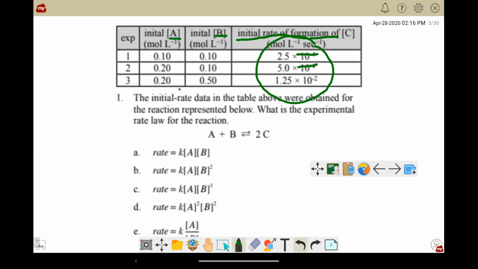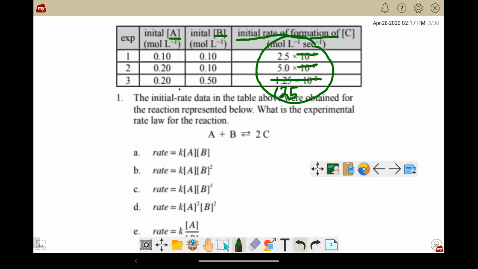And then I'm going to be able to say, well, if the 5 was times 10 to the negative 4th, the 1.25 being times 10 to the negative 2nd, that's 2 powers of 10 bigger. So really, I'm going to consider this number to be 125 because my students don't like exponents or fractions or decimals, and anytime we can work with whole numbers, our lives are better, at least in my experience.